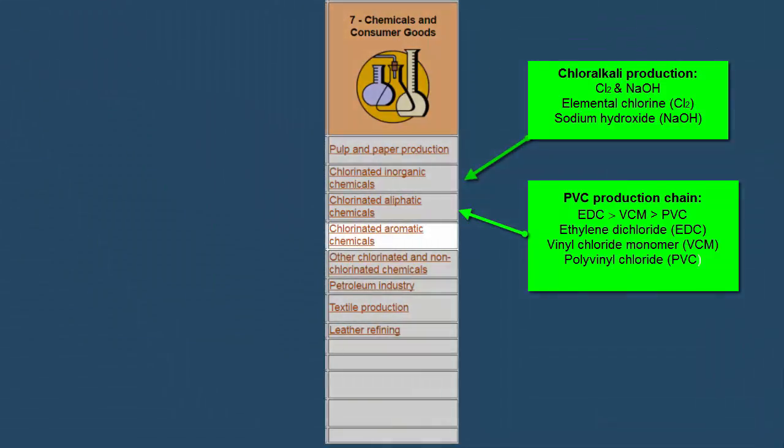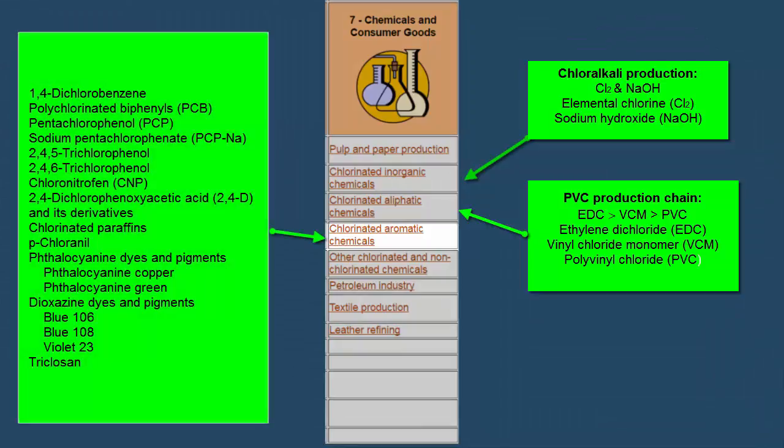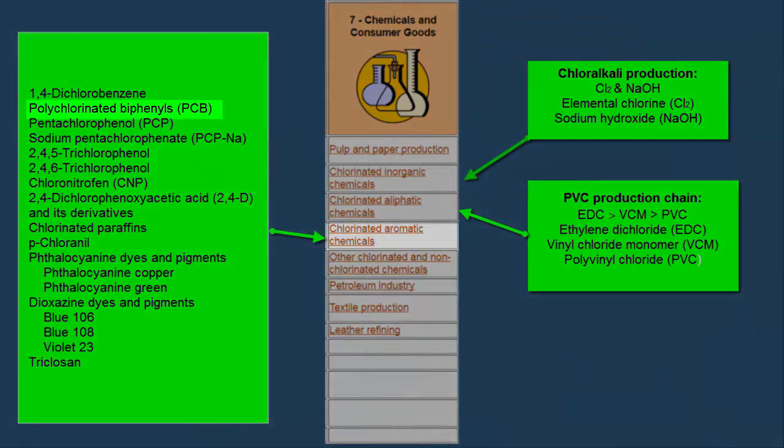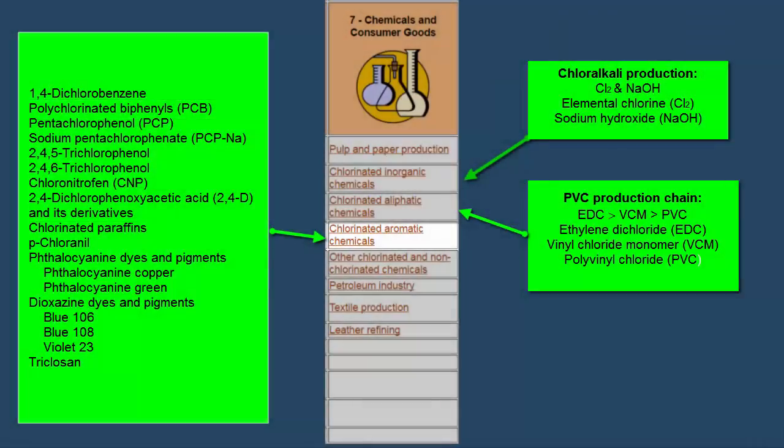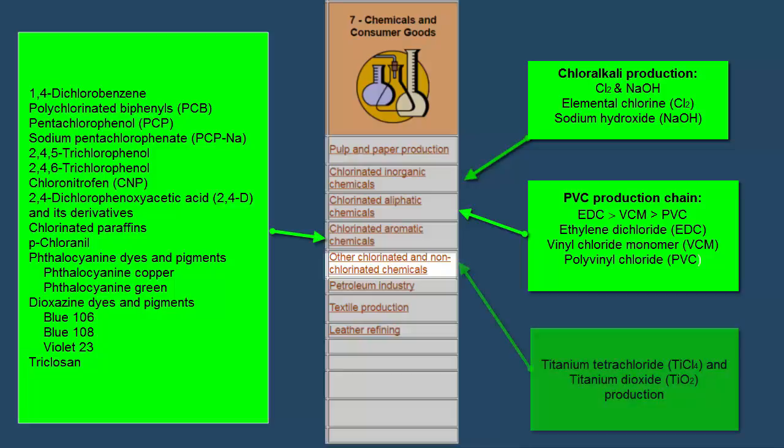The category chlorinated aromatic chemicals lists 14 single chemicals and 2 groups: the polychlorinated biphenyls and 2,4-dichlorophenoxyacetic acid and its many derivatives. Other chlorinated and non-chlorinated chemicals, this category also has only one listing: production of titanium tetrachloride and titanium dioxide.